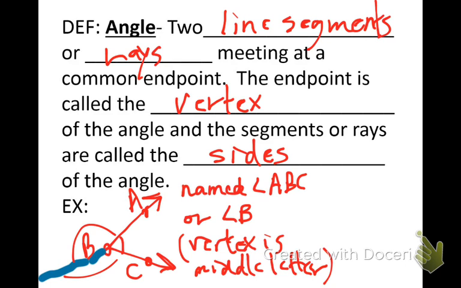So I would have to name each one of those angles with 3 letters so I know which one I'm talking about. Let's label the angle. Okay, this is angle DEF. So this is a vertex. And these are sides.